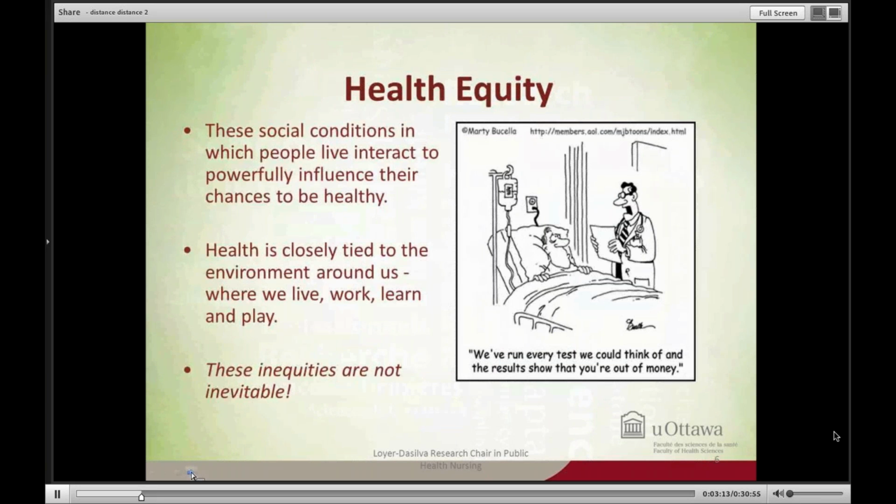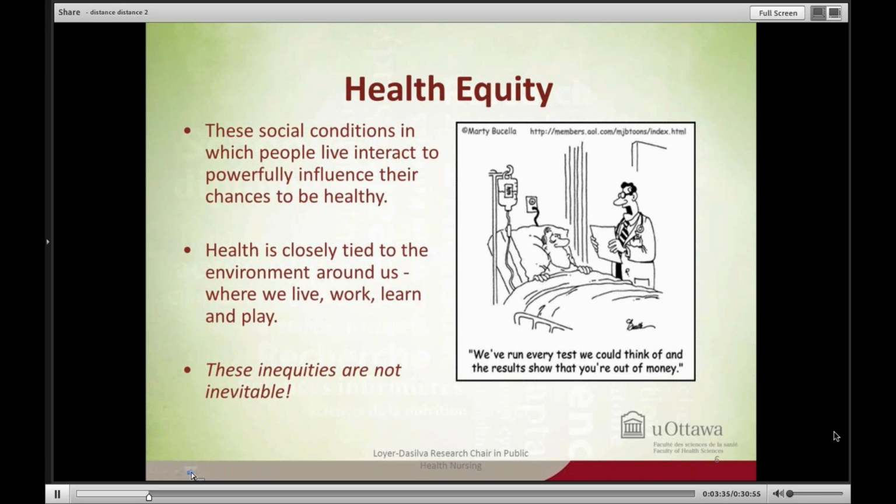So health equity, as Michael Marmot would say, these social conditions in which people live interact to powerfully influence their chances to be healthy. Health is closely tied to the environment around us, where we live, work, learn, and play. These inequities are not inevitable.